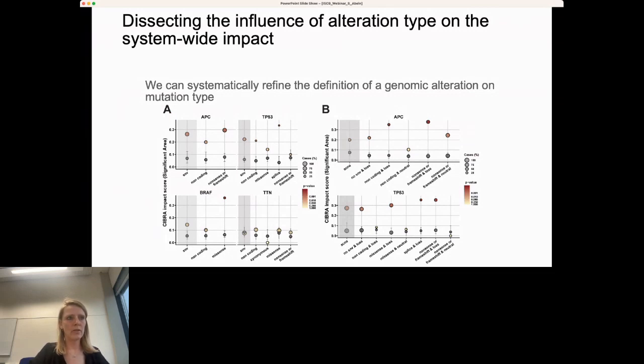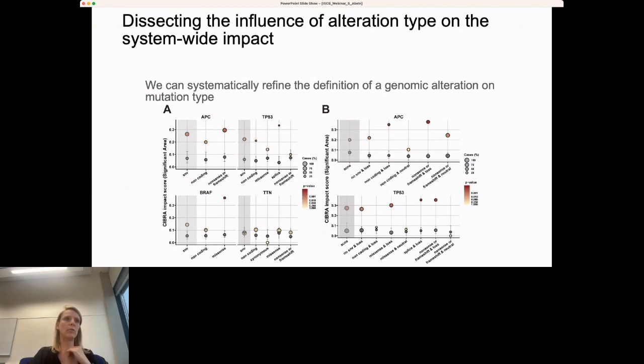But here you see that if there's specifically a missense mutation, then suddenly you get this huge peak in your p-value distribution. And so that means there's a really large proportion of genes, in this case almost 40%, that is differentially expressed when you have a missense mutation in your BRAF gene. And so that means that really this has a full systemic effect on your gene expression.